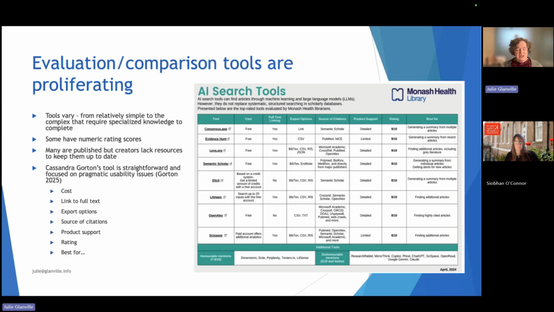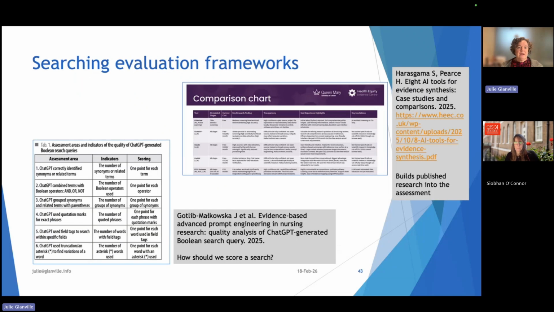And the following slides just highlight some of the evaluation tools that people are using in practice. You've seen this one already. This is the Monash University tool that is quite high level but has this scoring process.